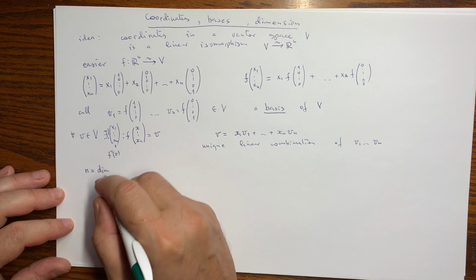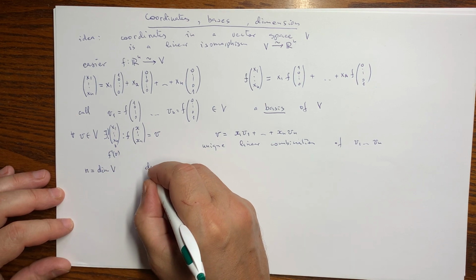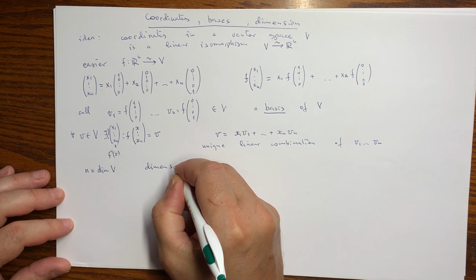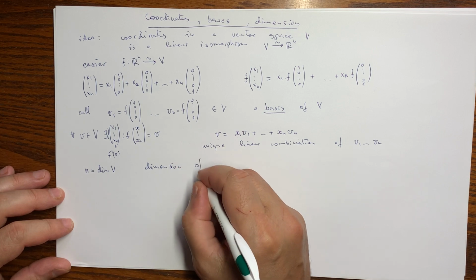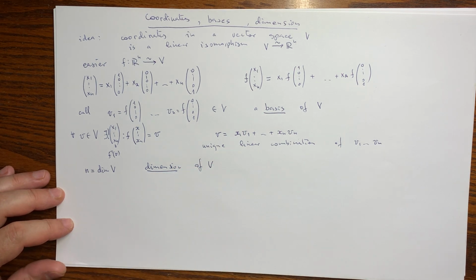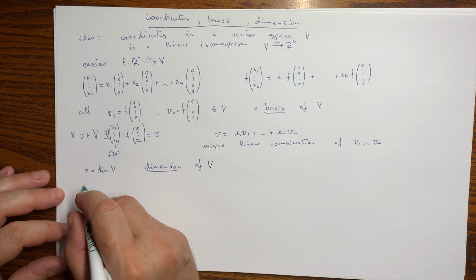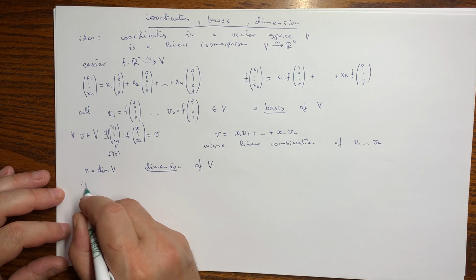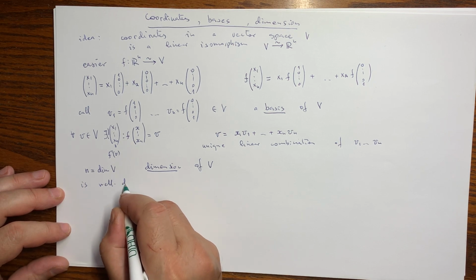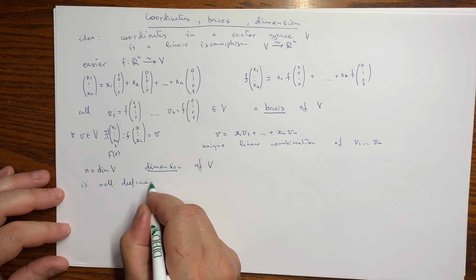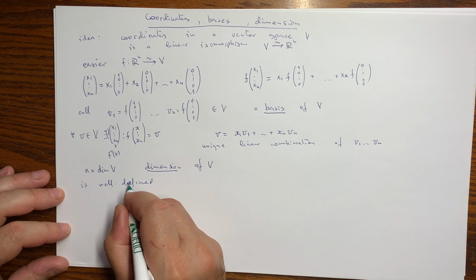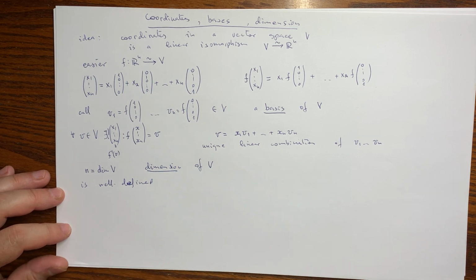So this number n is called the dimension of the vector space V, and it doesn't depend on the basis we choose.